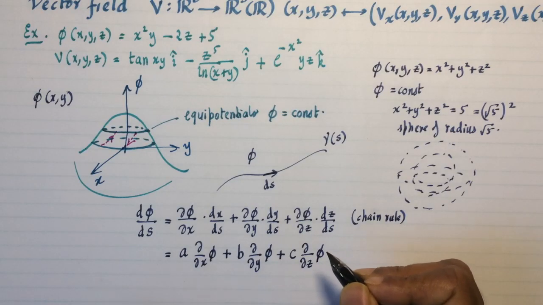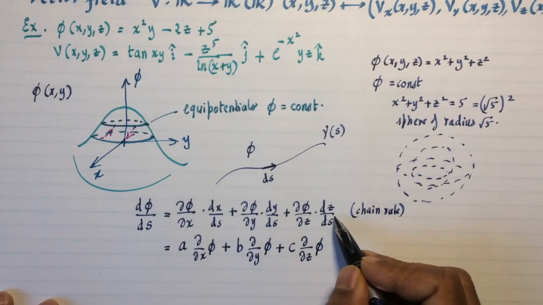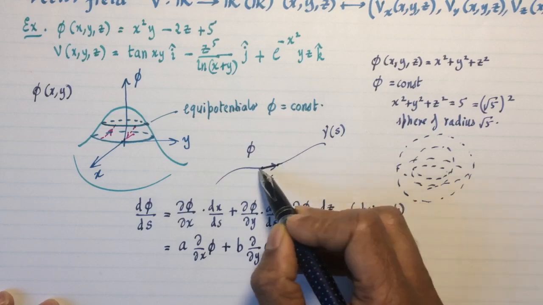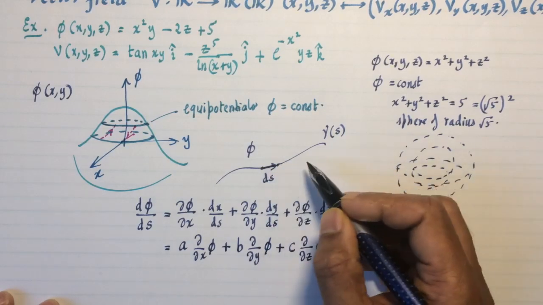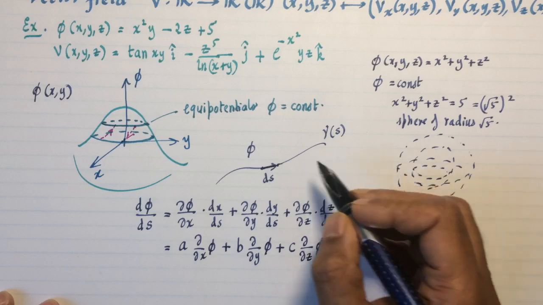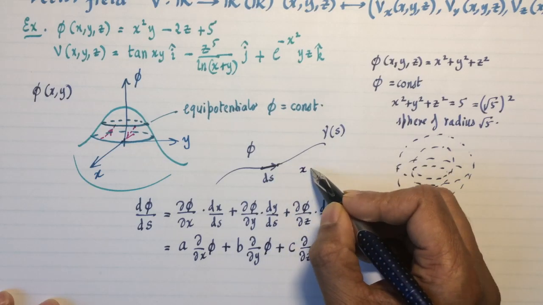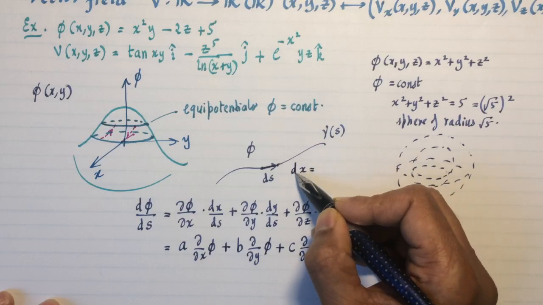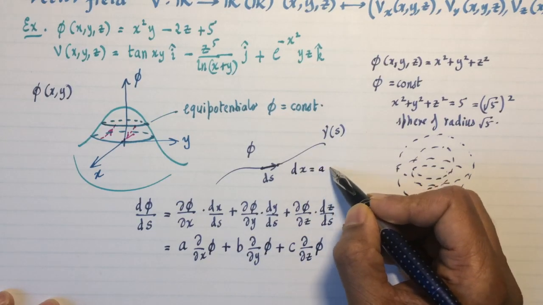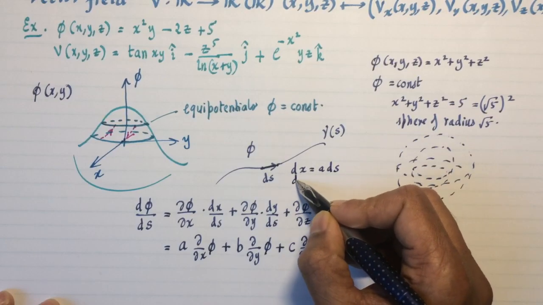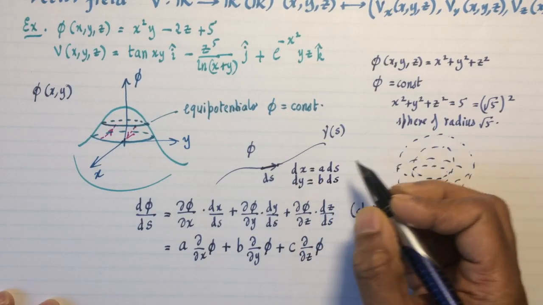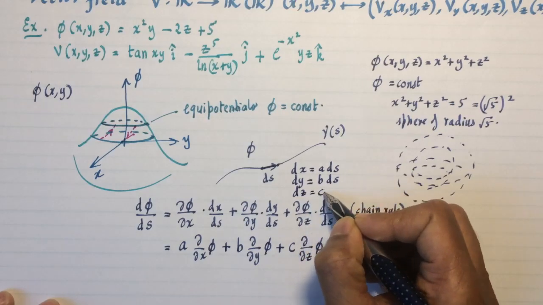So what I'm doing here is I'm essentially taking a straight line path for the small duration from here to here. That straight line path can be parameterized as dx equals a ds, and dy equals b ds, and dz equals c ds.